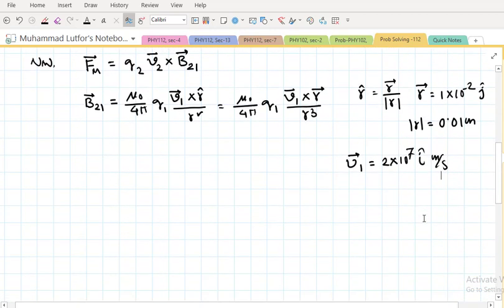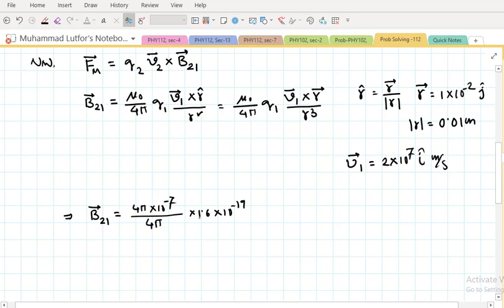Using that information, we can find B21, the magnetic field at the location of proton 2 created by proton 1. It is 4 pi times 10 to the power minus 7 divided by 4 pi, then the magnitude of the charge, 1.6 times 10 to the power minus 19, the magnitude of the charge q1 of proton 1.